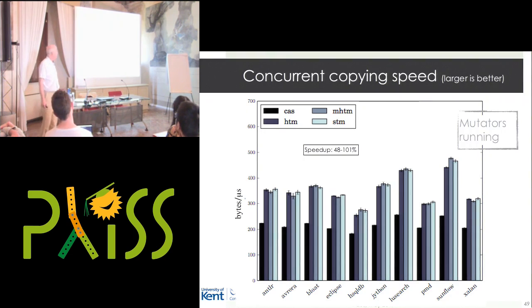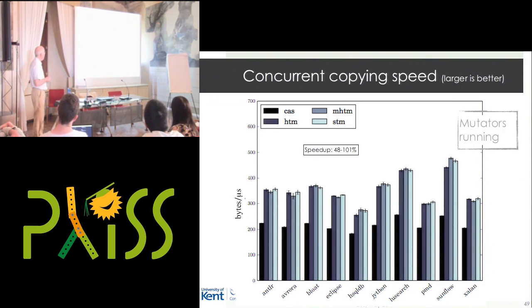I haven't got many slides on performance, but here we have, for a bunch of DaCapo benchmarks, a comparison of our performance, either using the old collector that copies every field using compare and swap, or using hardware transactions, or using these hardware transactions where we put lots together, or using software transactions.